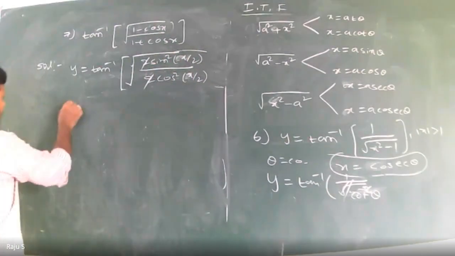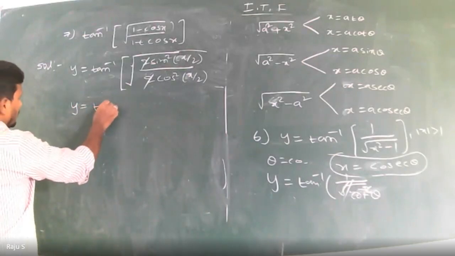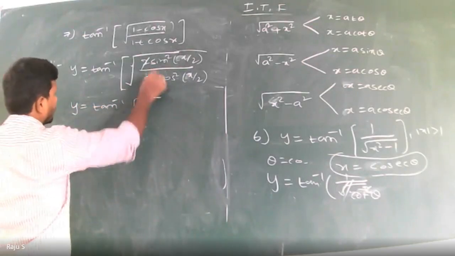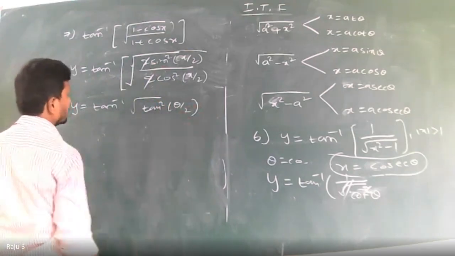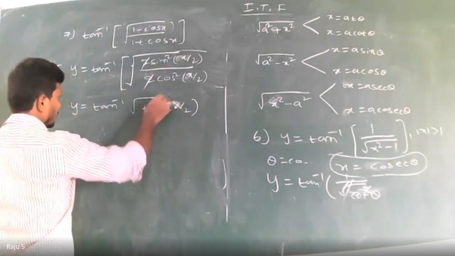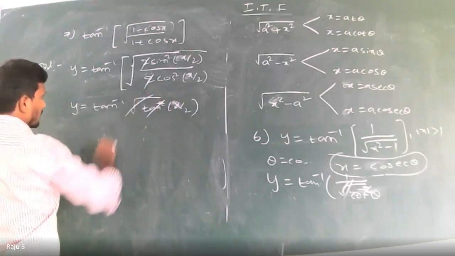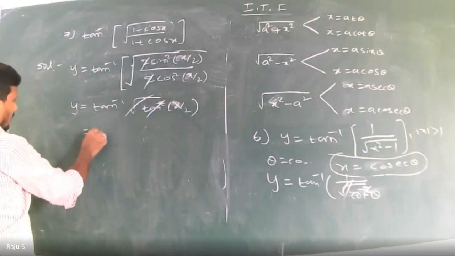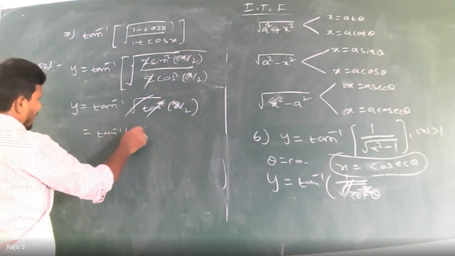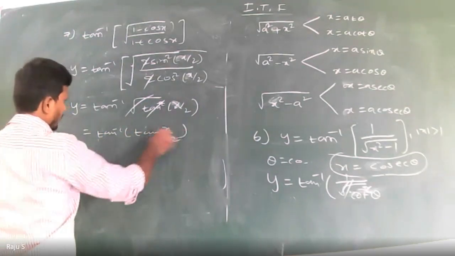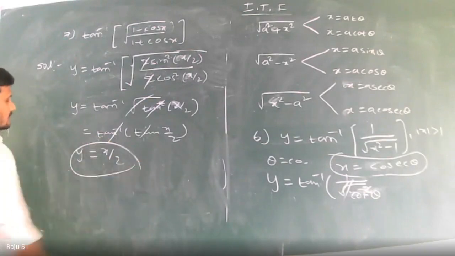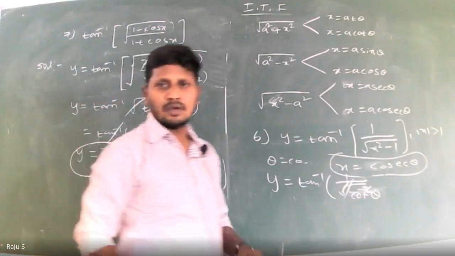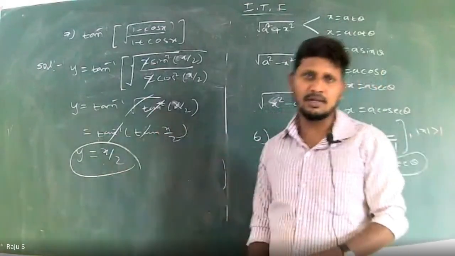It cancels. y is equal to tan inverse of square root of sine square by cos square, tan square x by 2. The square root cancels, remaining is tan inverse of tan x by 2, tan inverse cancels, y is equal to x by 2. So actually this is the answer. Tan inverse of the square root of those values is x by 2.